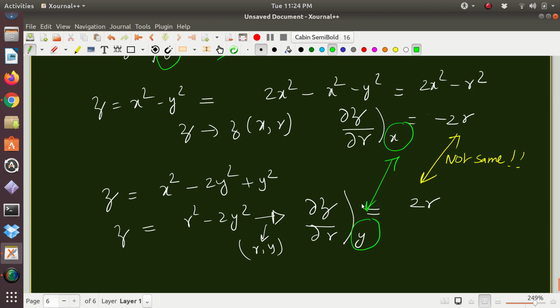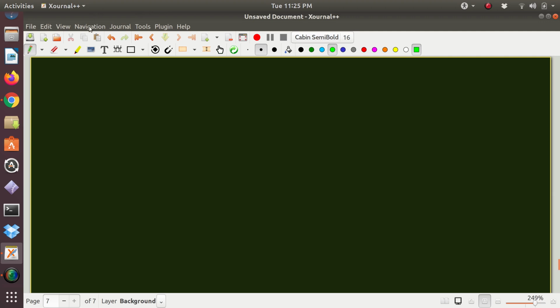Okay, so what I'll do next is to further illustrate this idea of total differential, using one more extension of this example in plane polar coordinates. So here now what I'm going to do is consider a function of two variables.